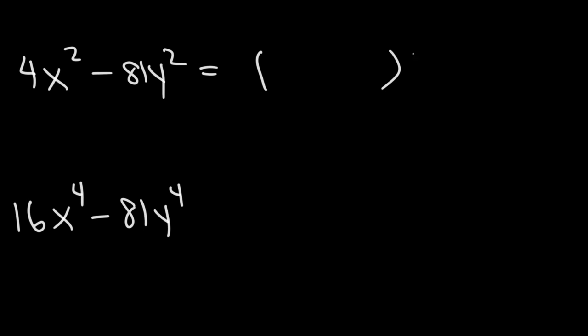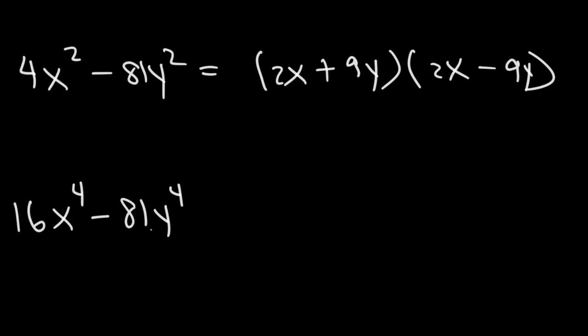So starting with the first one, the square root of 4x squared is going to be 2x. And the square root of 81y squared is 9y. So we have 2x plus 9y times 2x minus 9y. Now what about for the next example? The square root of 16 is 4.